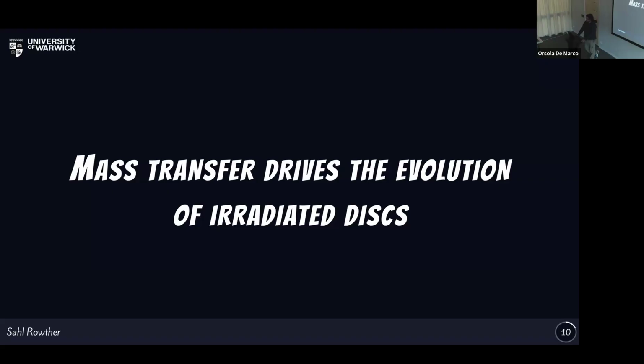And when a disk is irradiated by the central star, the star is a constant source of energy, so the temperature structure of the disk will also be roughly constant in time. And I'll explain a little bit later why that's important.